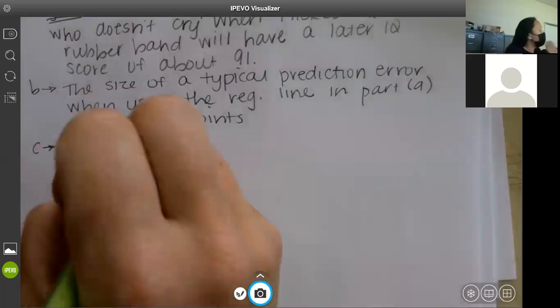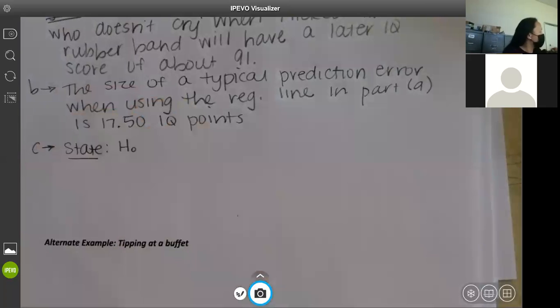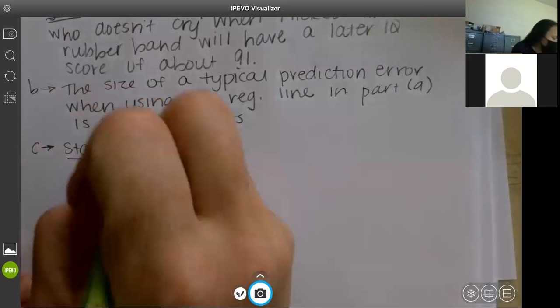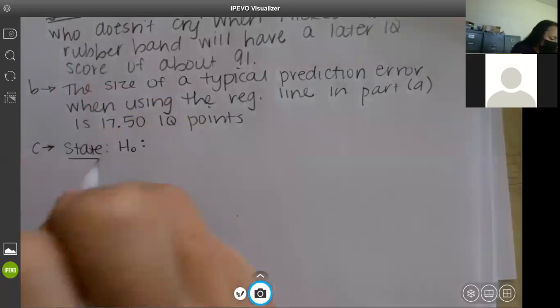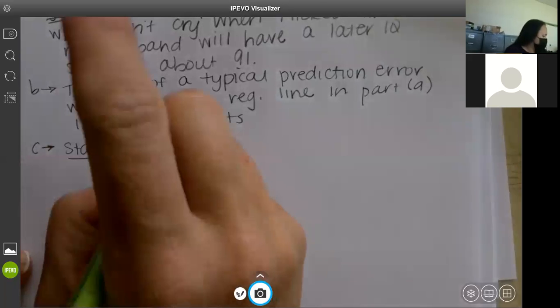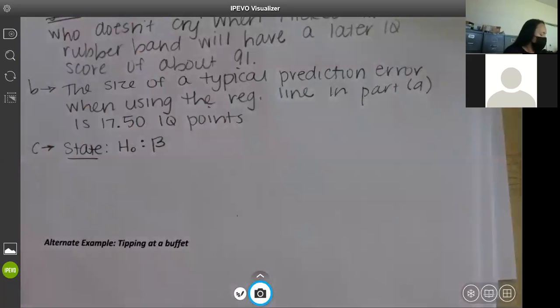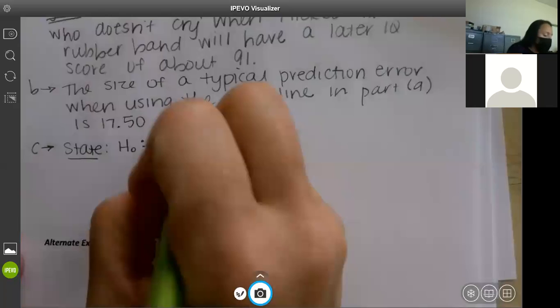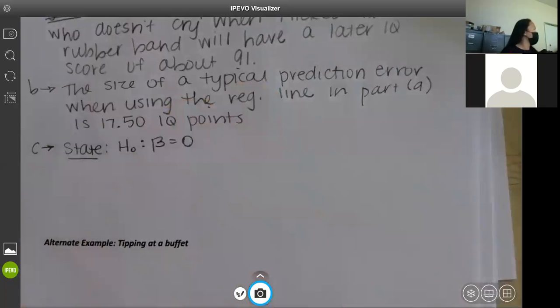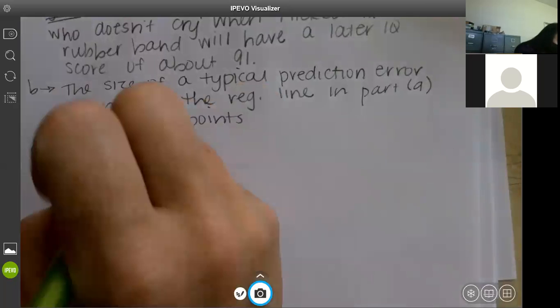So we haven't really set any hypothesis yet, so I'm going to show you how to do that right now. So our null hypothesis, we're talking about slope, and remember that's beta. If it equals 0, there's no relationship. It's just a flat line. Your slope is 0. All right.